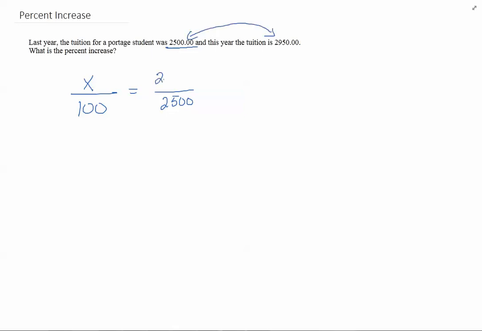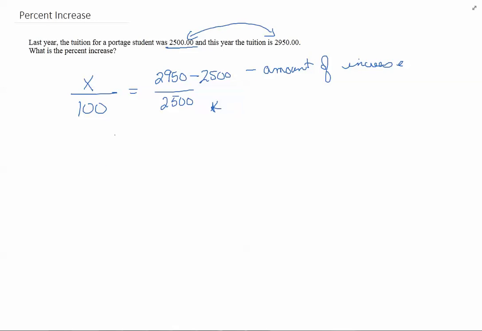So we take 2,950, subtract 2,500. This gives us the amount of the increase. And when we're doing a percent increase, we're looking at it over the original amount.